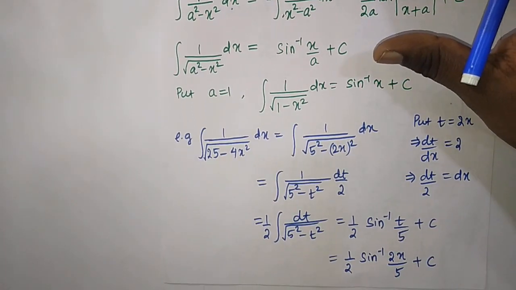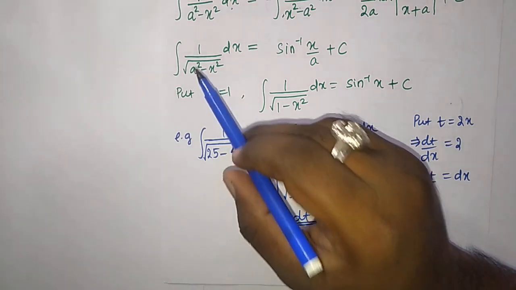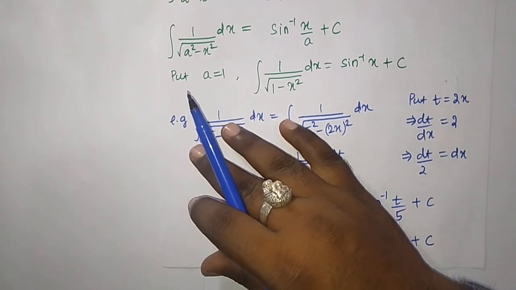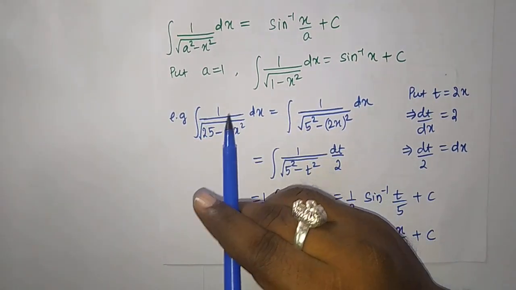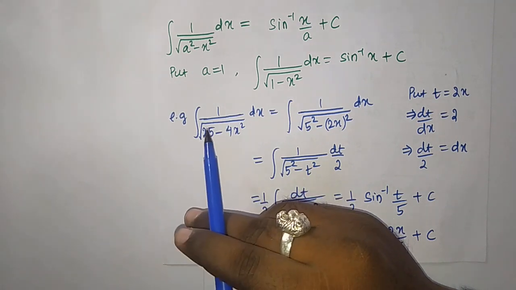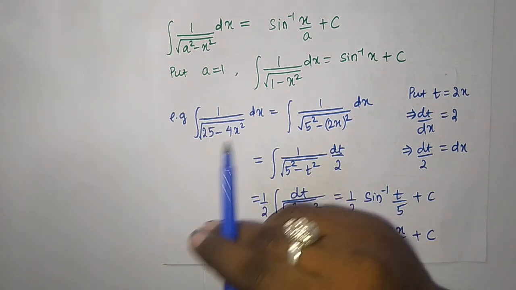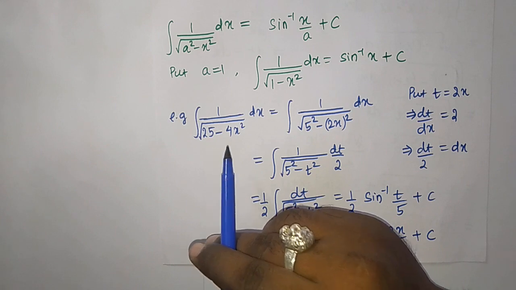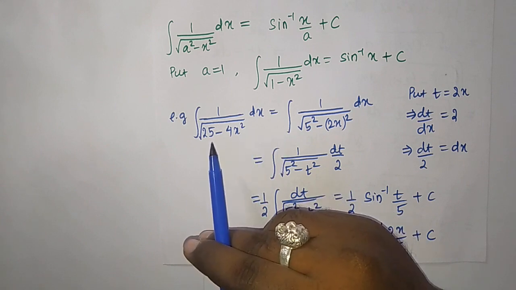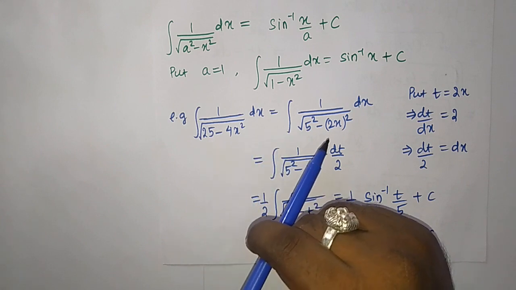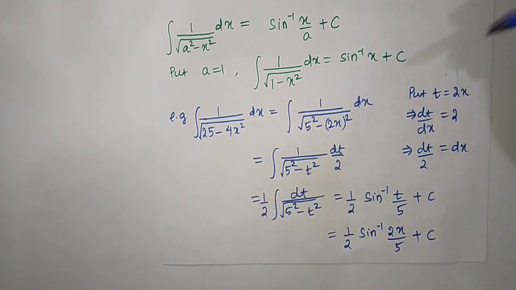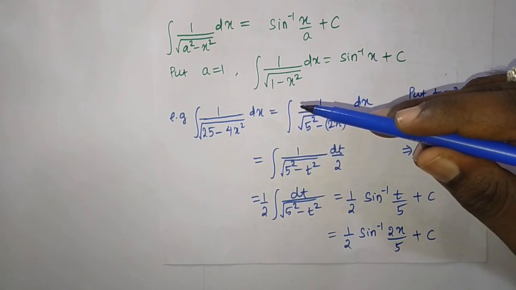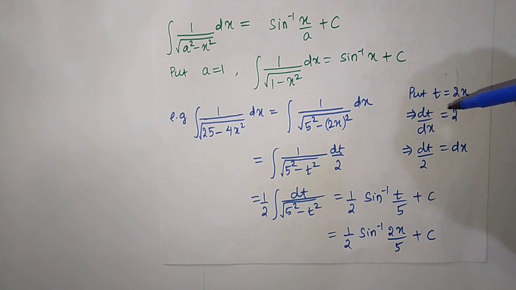Now we will solve another example on this form. Here is the given question: you have to find the integration of 1 by root over of 25 minus 4x square. 25 means 5 square, and 4x square means 2x whole square. So here is the simplification, and put t as 2x.